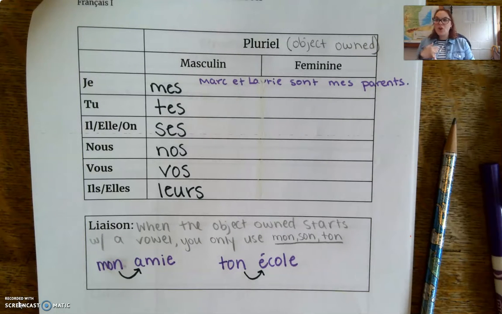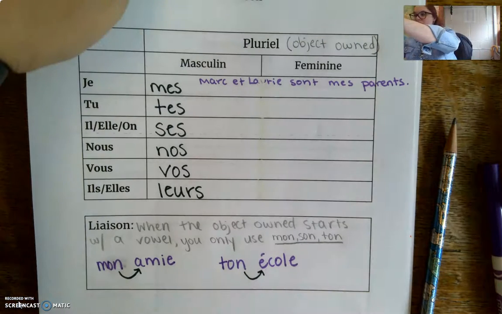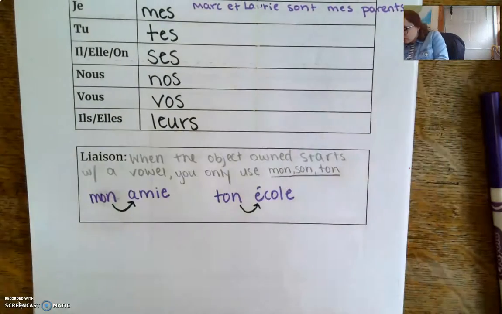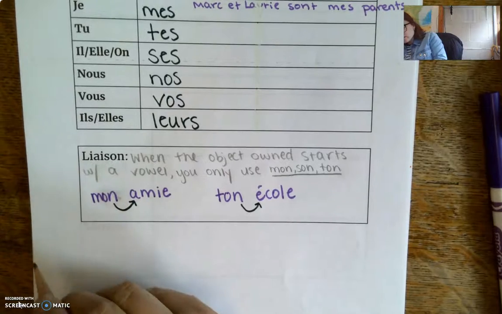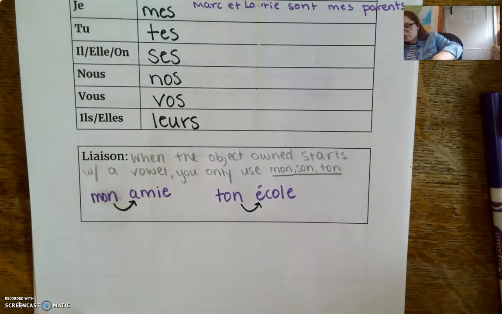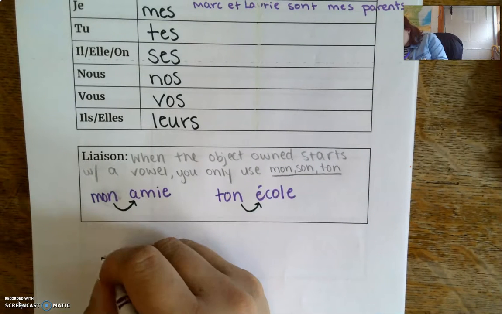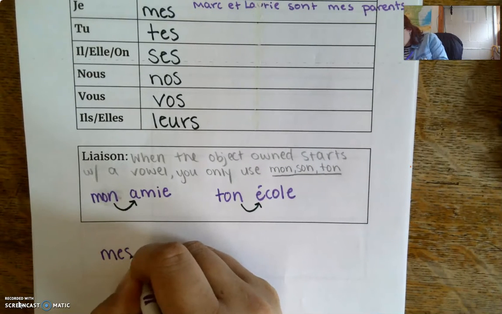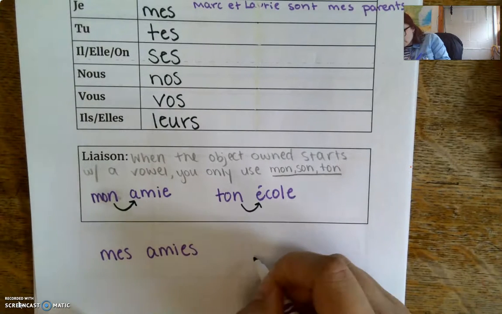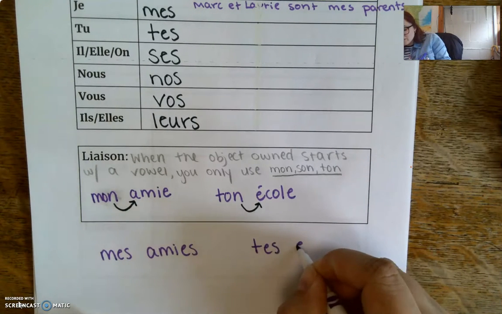And we see this liaison also works with anything that starts with a vowel in the plural. So let's see some examples here. We'll stick with these two examples because we've seen these words already.